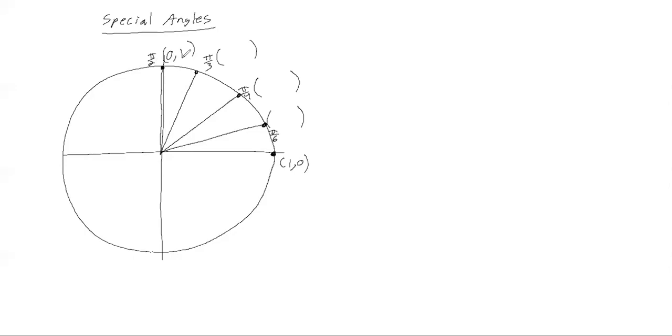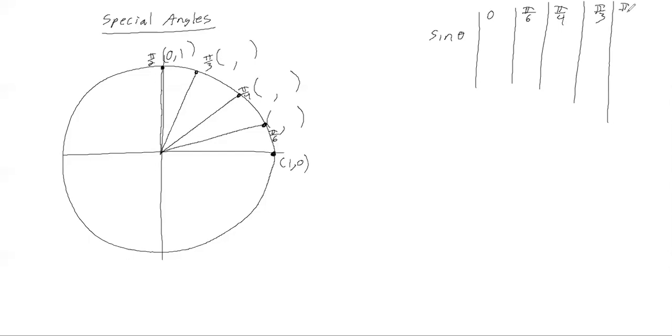All right, now, what are these other ordered pairs? Remember that chart, those values we had to learn? We had a chart that looks something like this. Sine of theta, then we have some theta values up here like 0, pi over 6, pi over 4, pi over 3, and pi over 2.